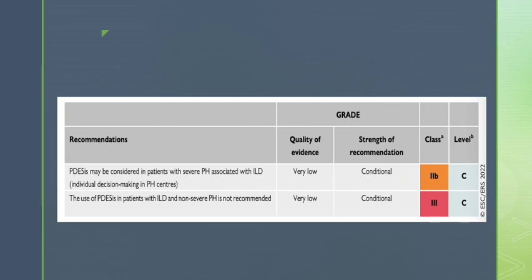And as I said, in ILD patients with non-severe pulmonary hypertension, we do not recommend drugs, but the recommendations give a conditional recommendation for patients with severe PH and ILD, where PDE5 inhibitors may be considered based on individual decisions. But in non-severe PH, you would preferably not do that. So, this is a summary of the major changes and recommendations in Group 3 and patients with CTD lung disease.